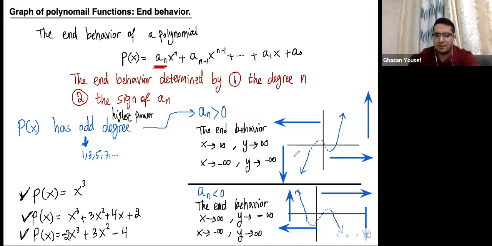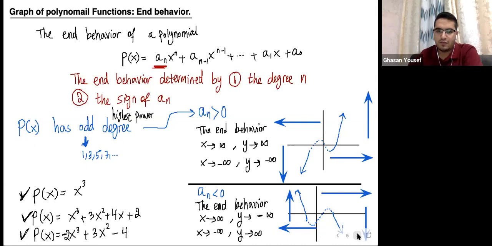We can find the end behavior for all these functions. The degree for all these functions is 3. And we can determine the end behavior by going back to a_n, the leading coefficient.